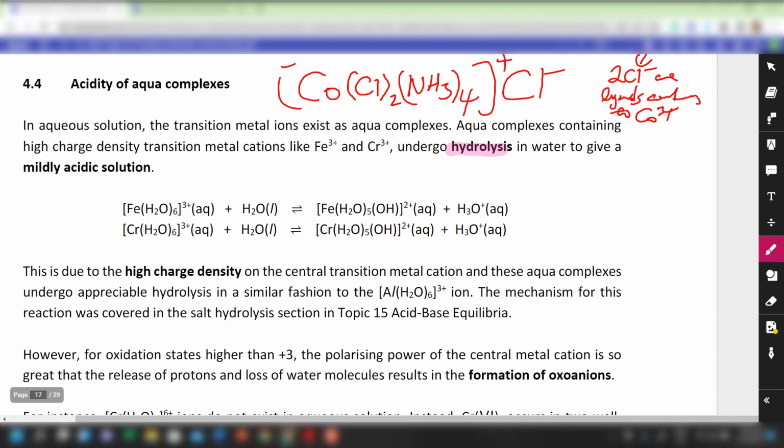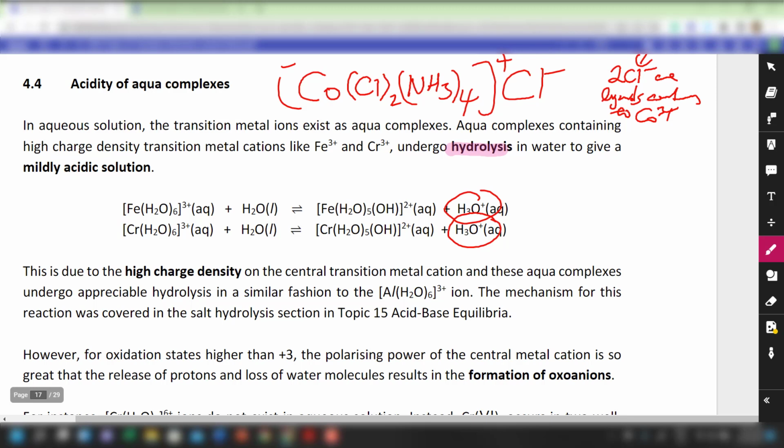So they will give us a mildly acidic solution. For the hexaaqua iron(III), it will ionize partially to give us a little bit of H3O+, and chromium(III) as well. In general, this is due to the high charge density of the central ion.